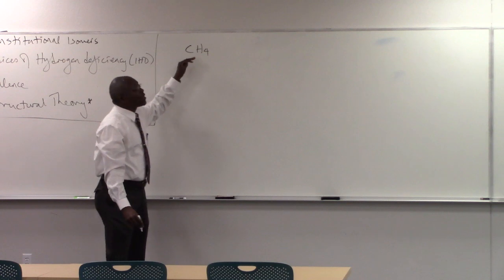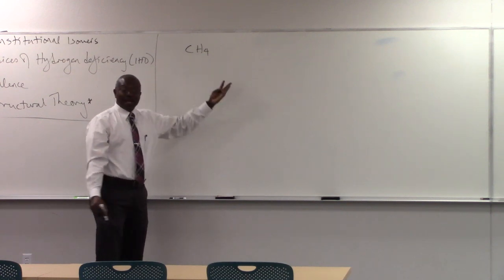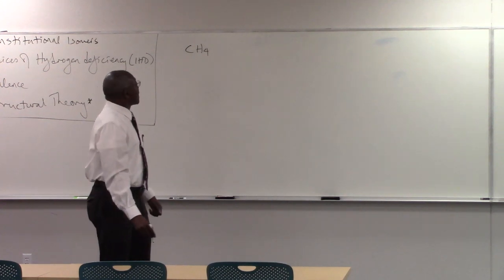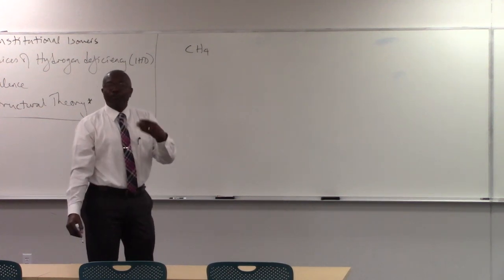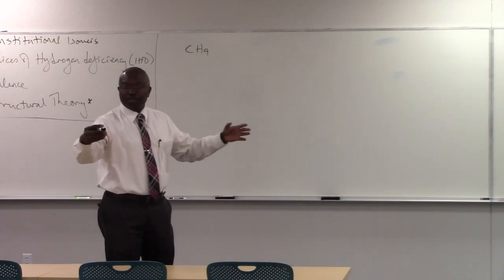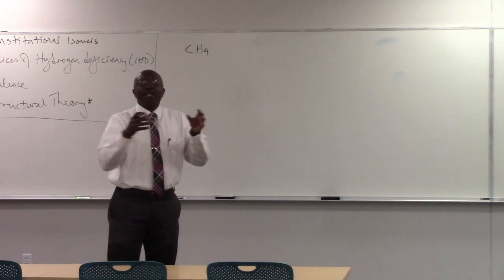This molecular formula also happens to be the empirical formula; they're the same thing in this case. What I want is a structural formula for CH4. In other words, how are the atoms connected to each other? Who is connected to who?